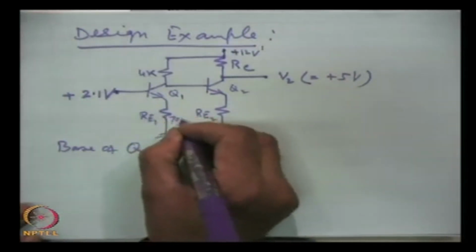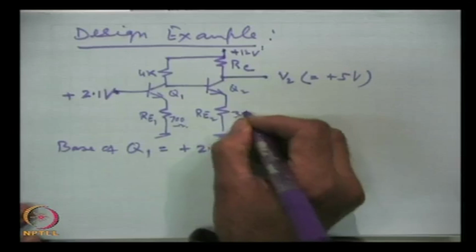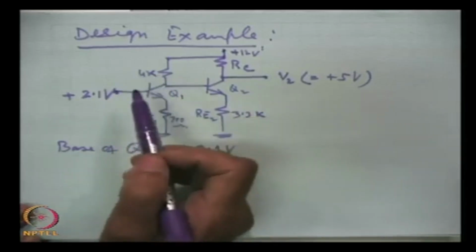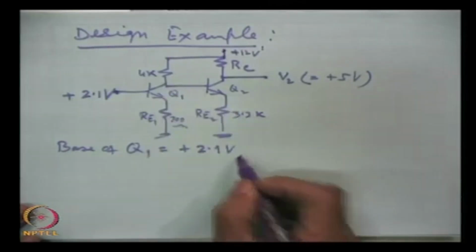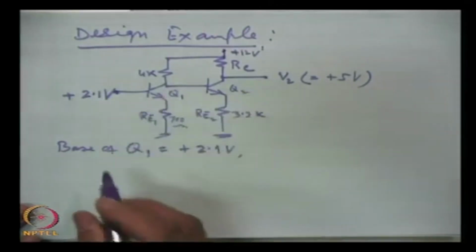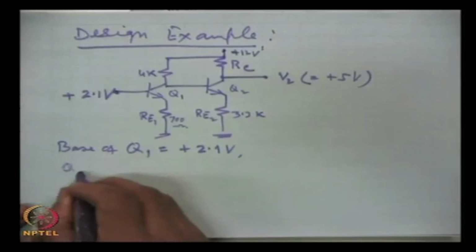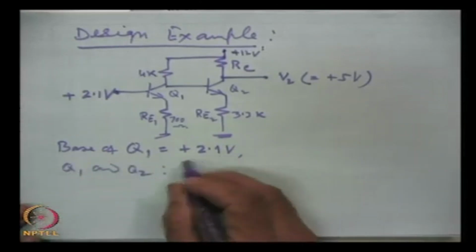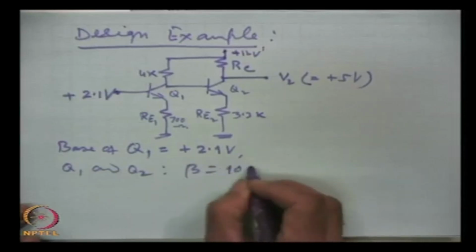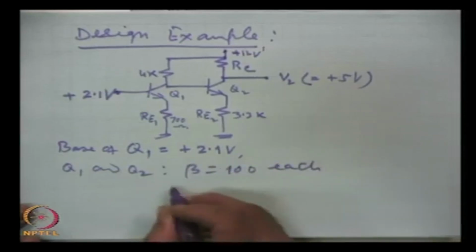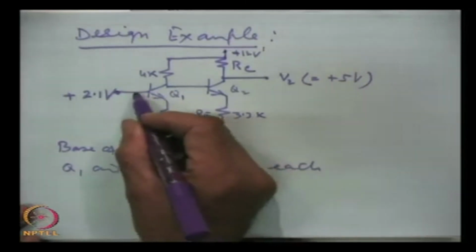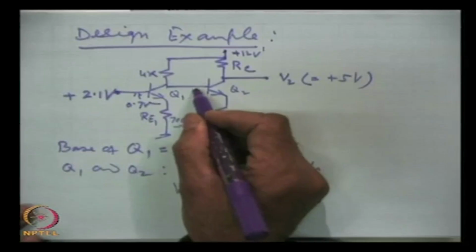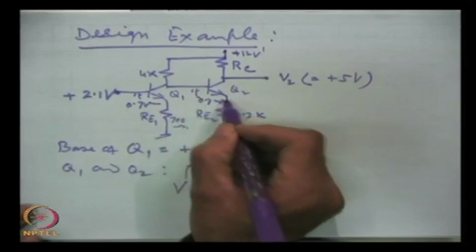This is 700 ohms and this is 3.3 kilo ohms. This is 4K, and what is given is that for both transistors Q1 and Q2 the current gains are the same, beta is 100 each, and the voltage drop here is 0.7 volts and this is also 0.7 volts here.